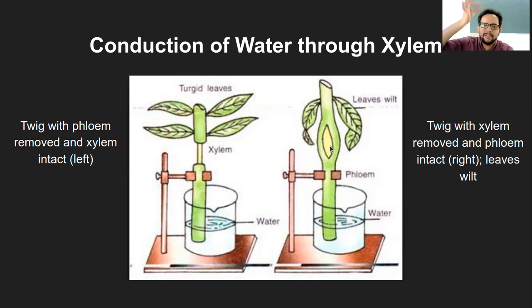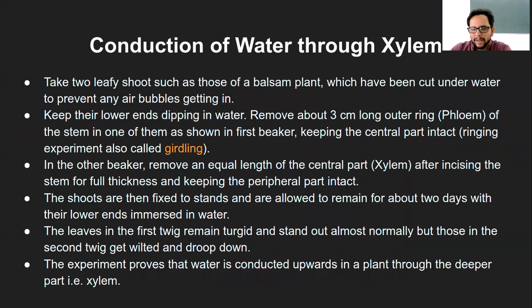A piece of xylem you are taking out. If I have to show you here, you are cutting it at the top and a little at the bottom, so the xylem piece is taken out. So what you have is only intact phloem and the other tissue, and the xylem is totally cut off from its connection.